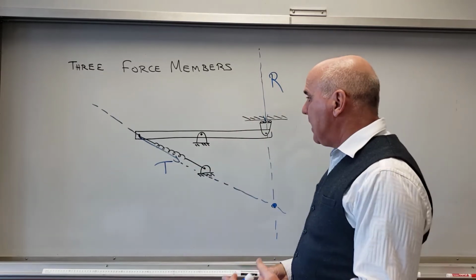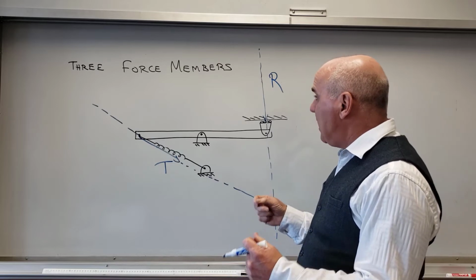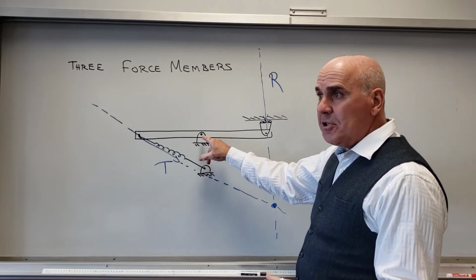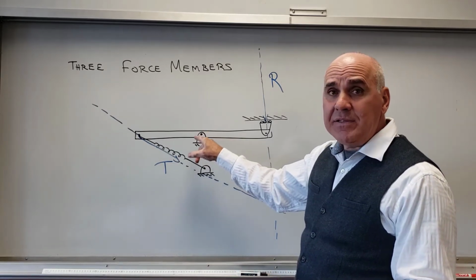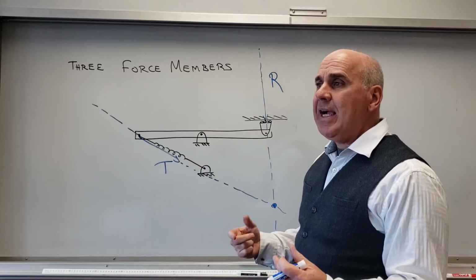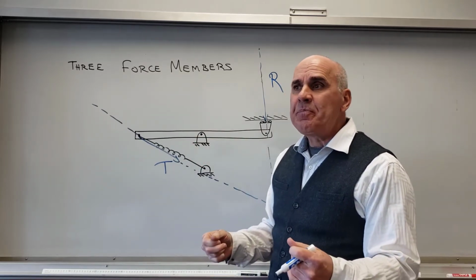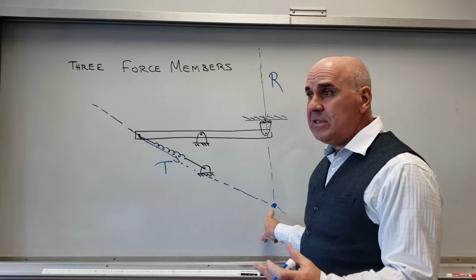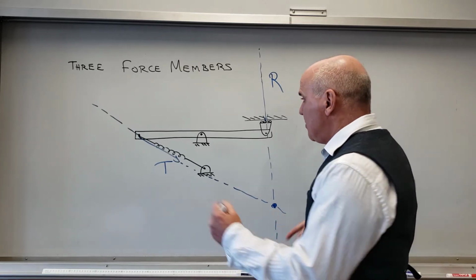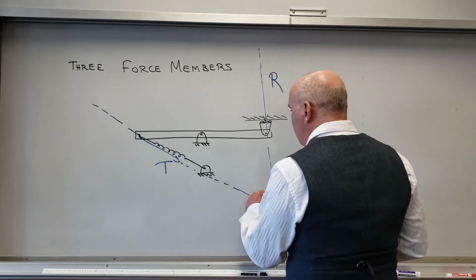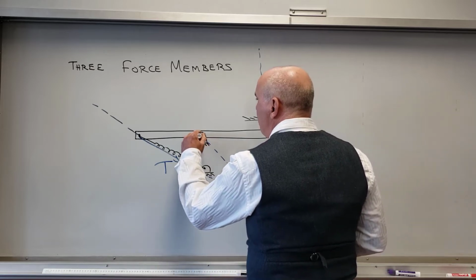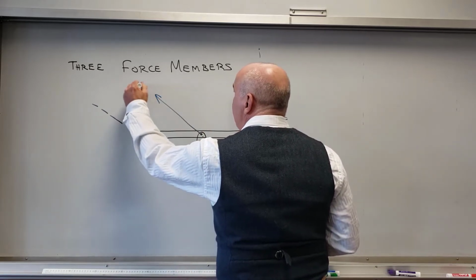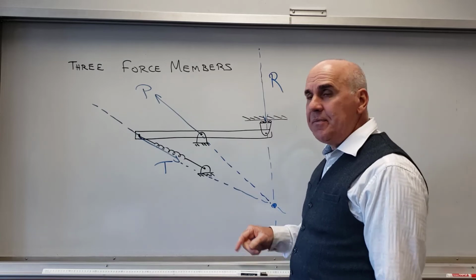And the only way that can happen is if the line of action for this third force, the pin, remember we had Px and Py, but the line of action for that force has to go through here, or else it's not going to be a moment of zero. So I know by default the line of action for this pin is going to be that direction.